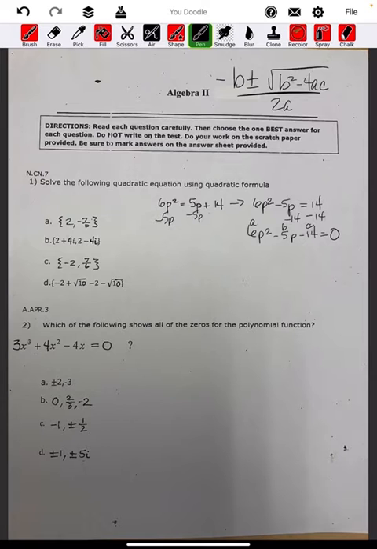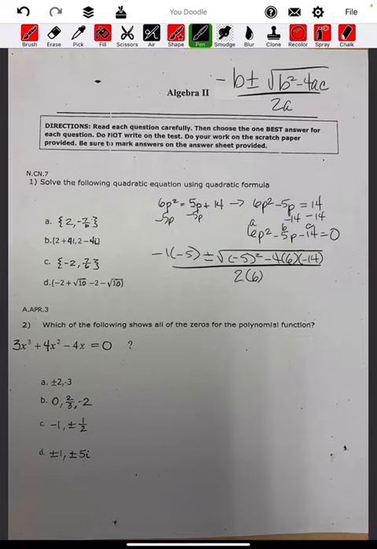So now I plug into the formula that I wrote at the top, and it's going to be negative 1 times negative 5 plus or minus the square root of negative 5 squared minus 4 times 6 times negative 14, and that's all going to be over 2 times 6. All right, so let's start simplifying.